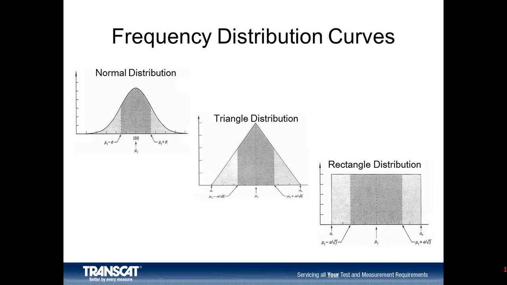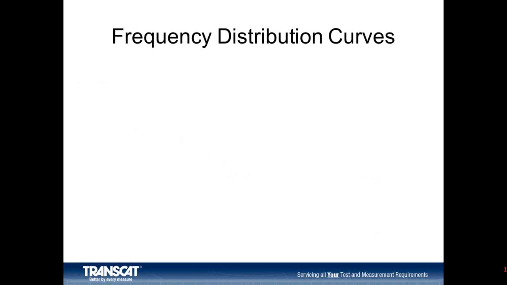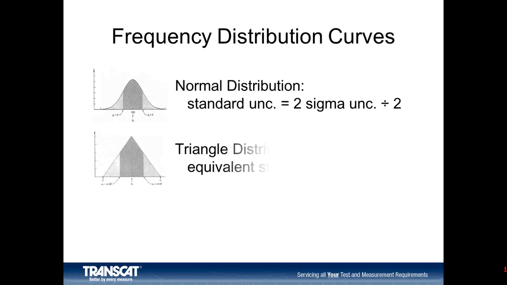One of those has to do with the resolution of a digital indicator. I believe I have an example of that coming up. We'll get to that in a minute.